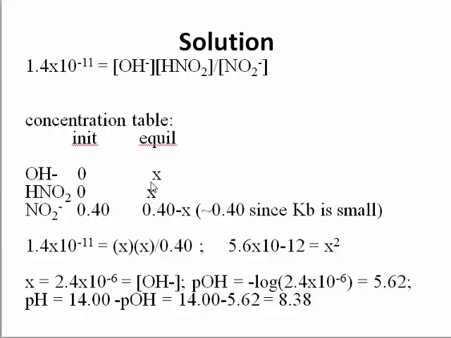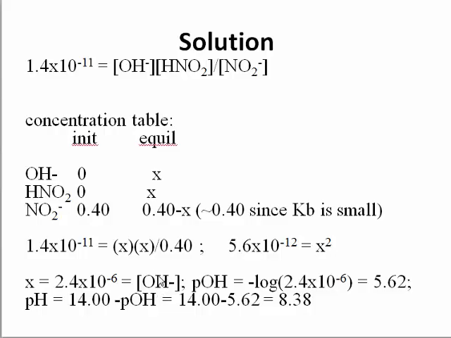Equilibrium concentrations of these species are X. Nitrite concentration is 0.4 minus X. Well, we try treating that like 0.4 since Kb is extremely small. 1.4 times 10 to the negative 11 then is X squared over 0.4. 5.6 times 10 to the negative 12 is X squared. X is 2.4 times 10 to the negative 6, the hydroxide ion concentration.